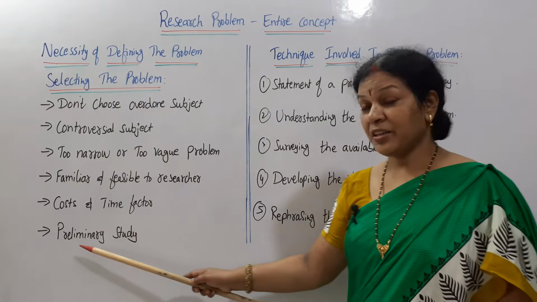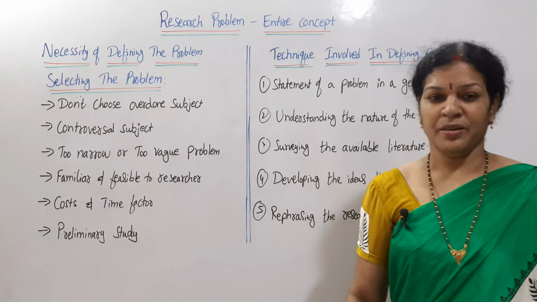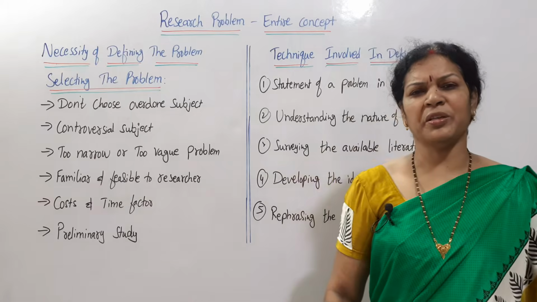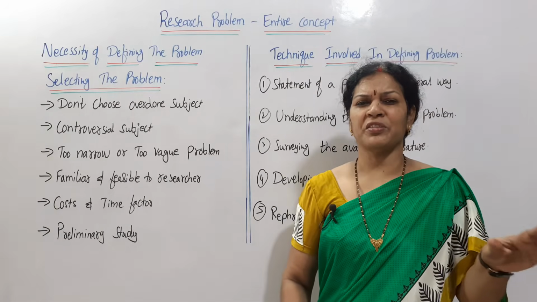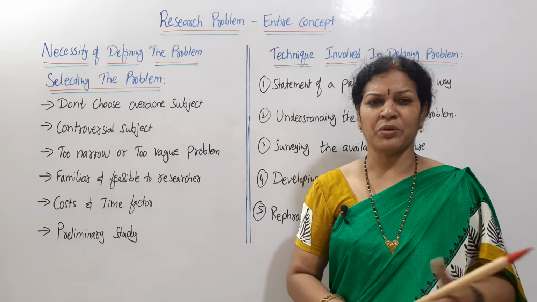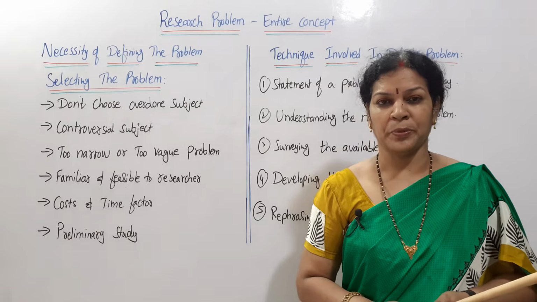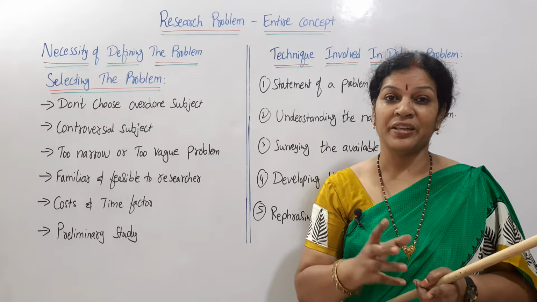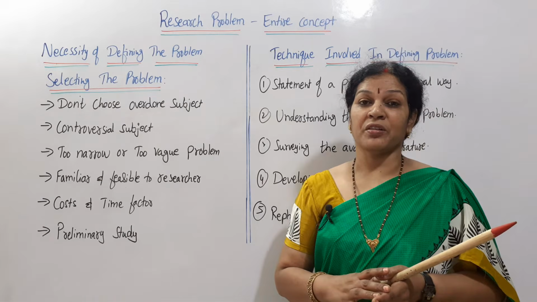And lastly, the preliminary study. Before defining the problem, you had better go for a preliminary study. Preliminary study means a little bit of information, a light survey, which we also call a pilot study. If you do a preliminary or pilot study, you get an idea whether you have to proceed or not.